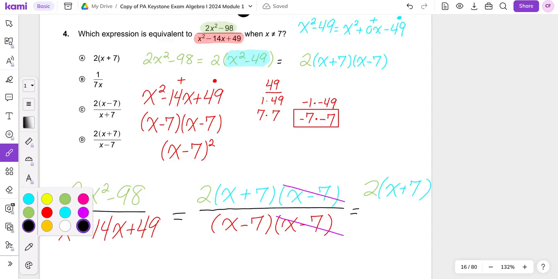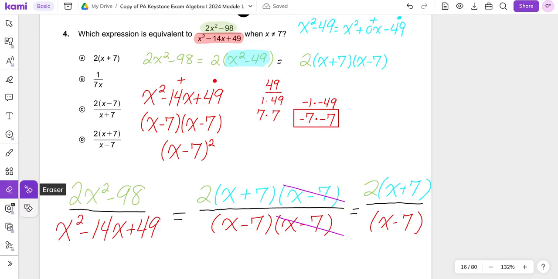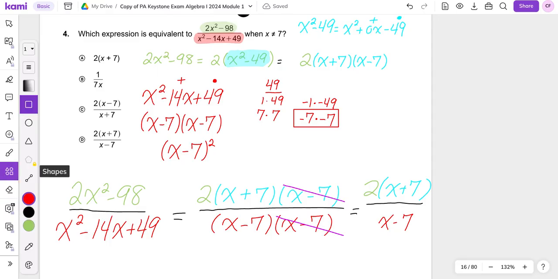And the denominator, what was left, is the x minus 7. And typically, when you just have that part on the bottom there, in simplest form for our answer, we won't see those parentheses anymore. And then we're going to match that with our multiple choice options, and the correct answer there would be letter D.